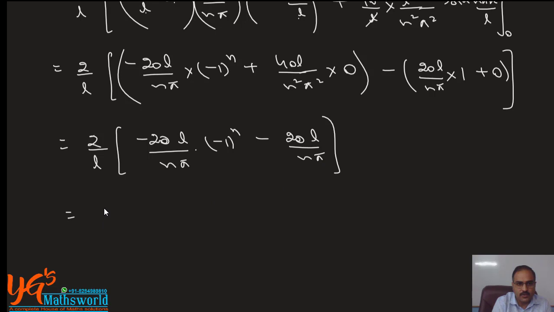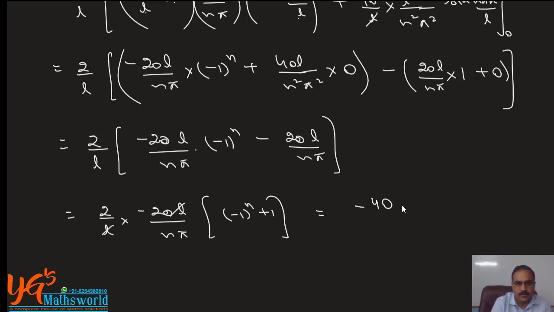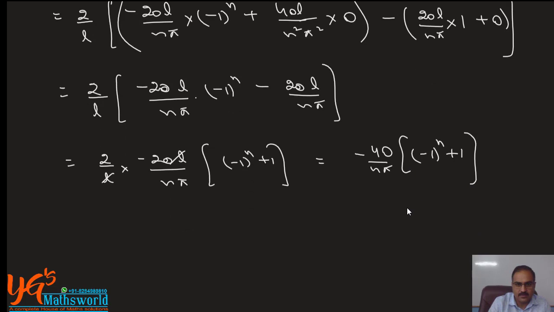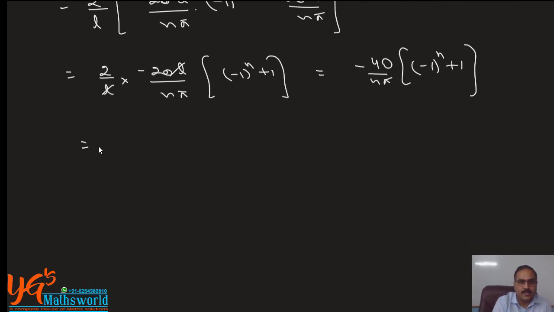Now I can take minus 20 L over n pi as common. So I'll be left with minus 40 L, and L cancels out, over n pi into minus 1 raised to n plus 1. Now here we have a case: what is the value of n?